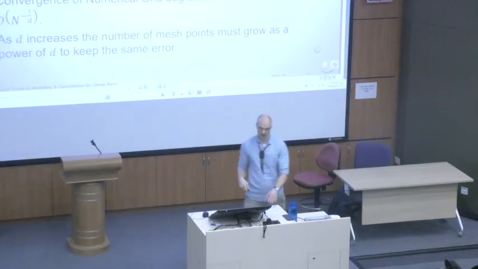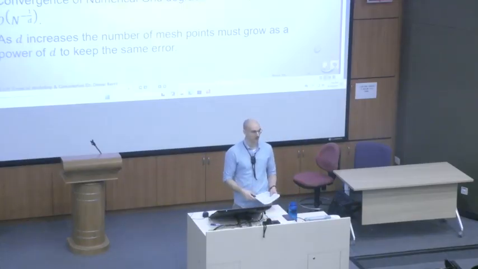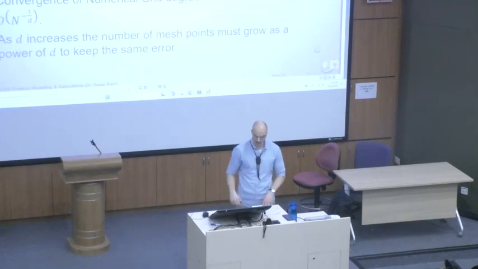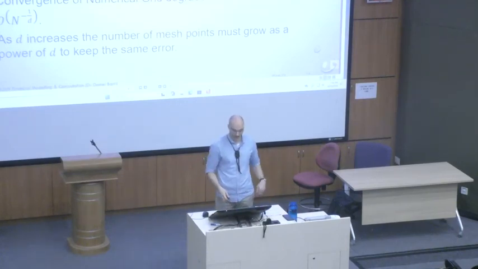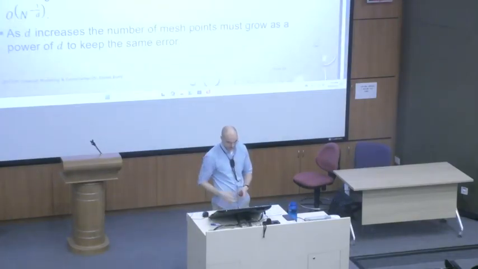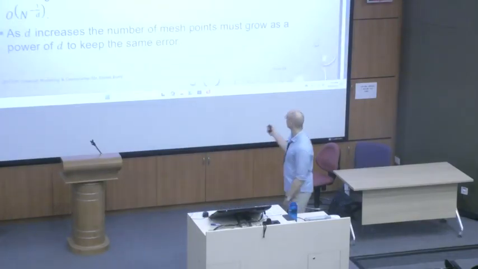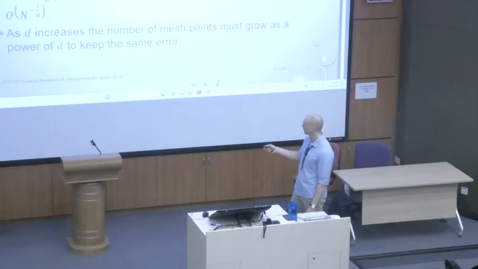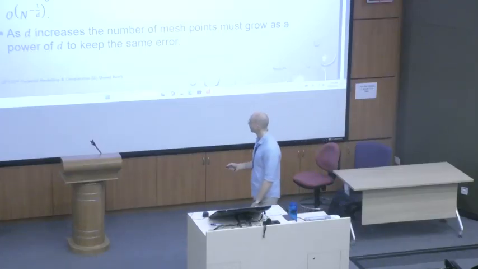For Monte Carlo methods, nothing changes. They will still perform with exactly the same rate of convergence. Grid methods drastically decrease; I mean, this is useless. This is essentially constant.